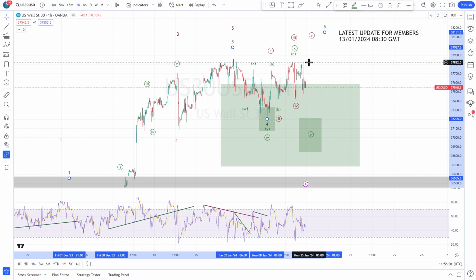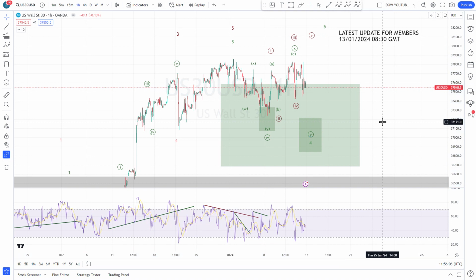And then what we could have, or what we probably have, this is also my primary scenario for now, is that we are still working on the wave 4 as a corrective move, and then we could count this as a wave W down, so a wave W that has a WXY structure. Then this wave X could be an ABC up, and then here another corrective Y leg down should follow.